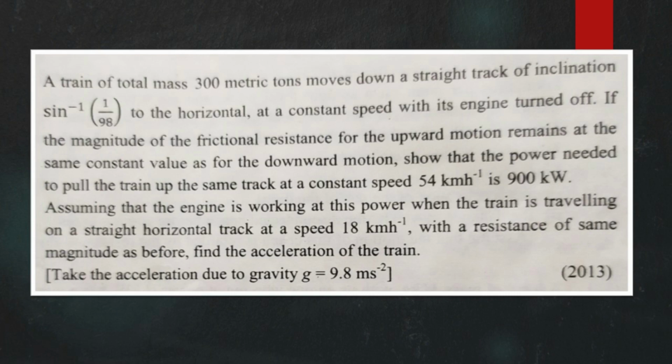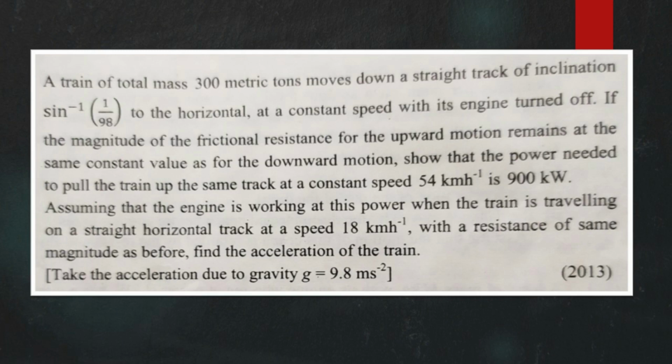If the magnitude of the frictional resistance for the upward motion remains at the same constant value as for the downward motion, show that the power needed to pull the train up the same track at a constant speed 54 km per hour is 900 kilowatt. Assume that the engine is working at this power when the train is traveling on a straight horizontal track at a speed 18 km per hour with a resistance of the same magnitude as before.